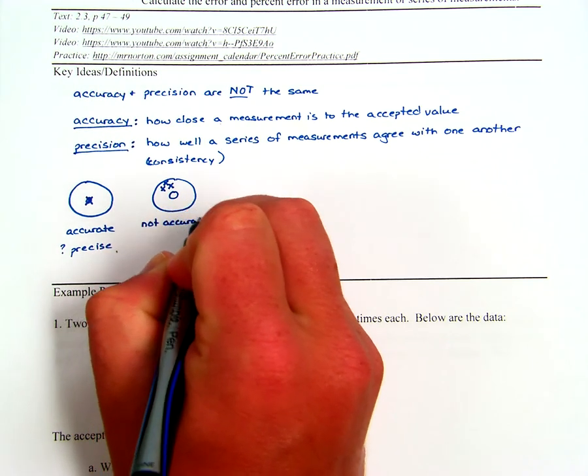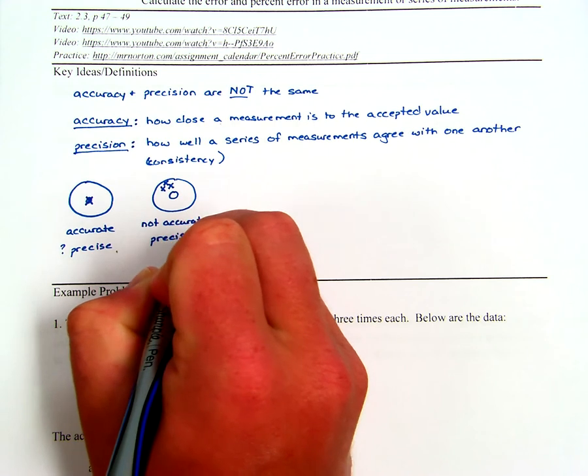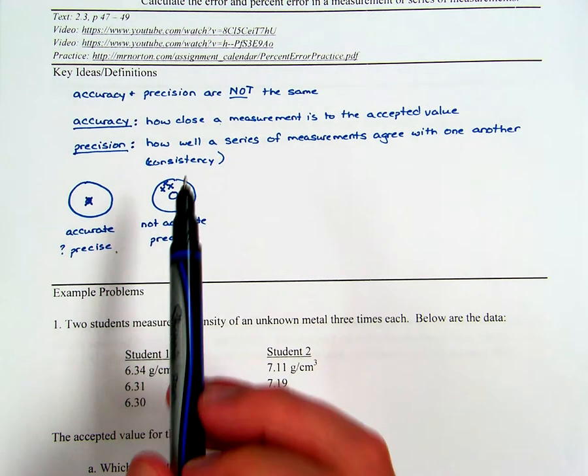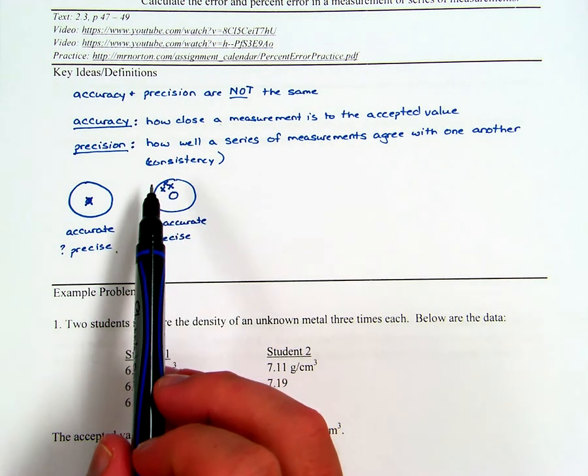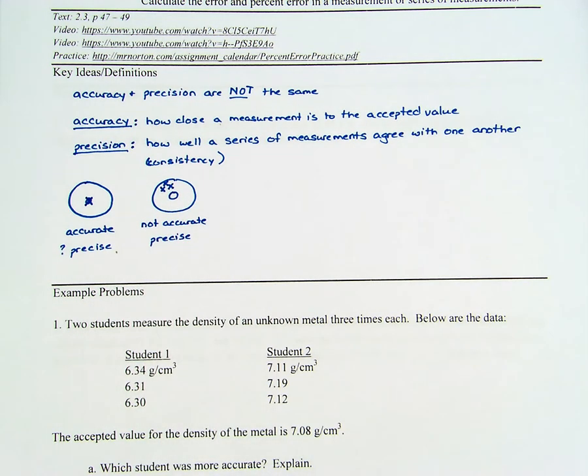However, the archer was precise because the measurements, if you will, agree with each other very well. This would be in a situation where you are very consistent with how you use a measuring device, but you simply use it wrong. Maybe you're using a ruler and you're very consistent with where you line your eyes up, but your eyes aren't really directly over what you're trying to measure.